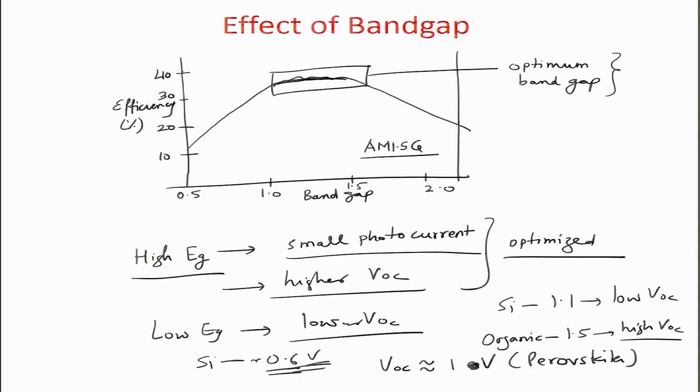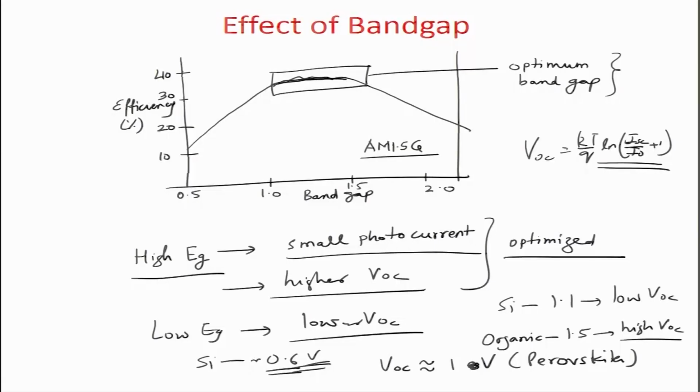So, there is a huge difference between the open circuit voltages, but open circuit voltage is also a function of JSC. So, you can see that this is ISC divided by I naught plus 1. However, since the relationship is logarithmic, the increase is not that rapid in VOC as a function of ISC.